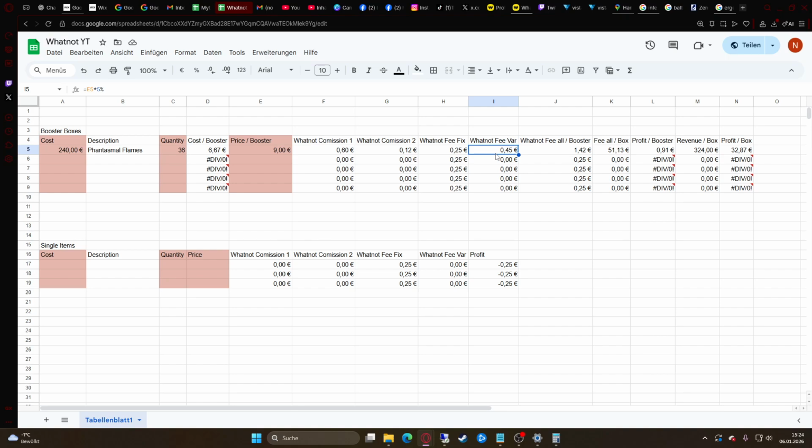In reality, it may only be like 41 cents or 43 cents or whatever, a little bit less, okay? But I'd rather have it this way, to cut the profit here on the spreadsheet, than to cut it later on when I think I made like 20 bucks in profit and it's only 18 because I didn't calculate the fees properly.